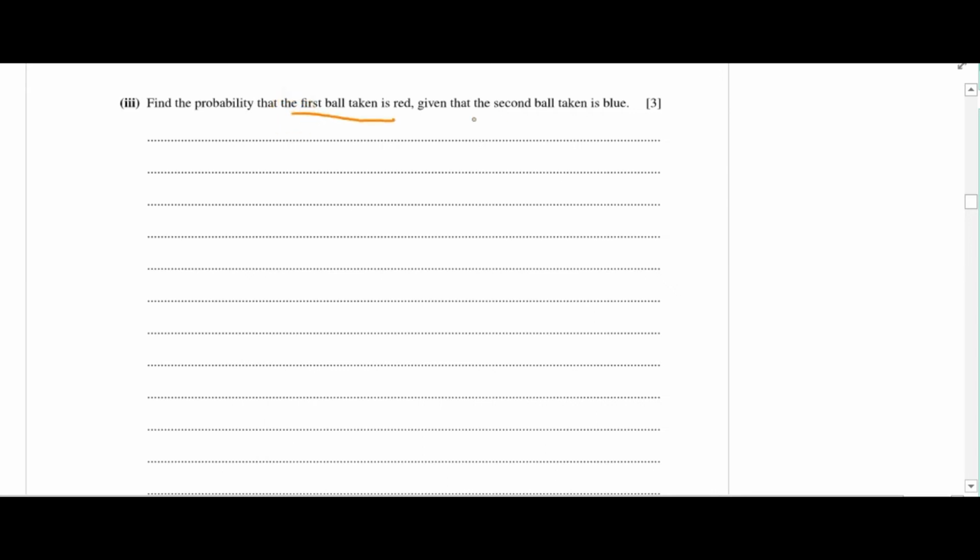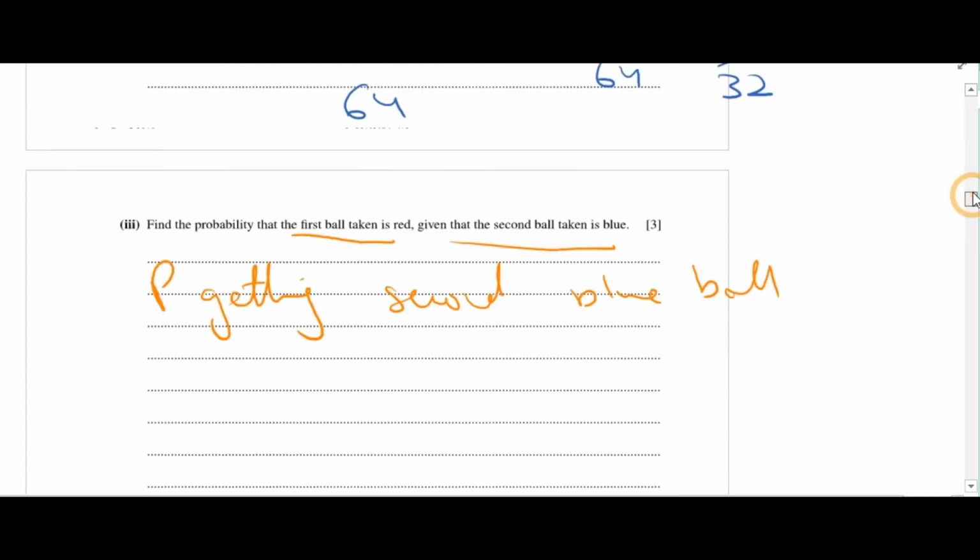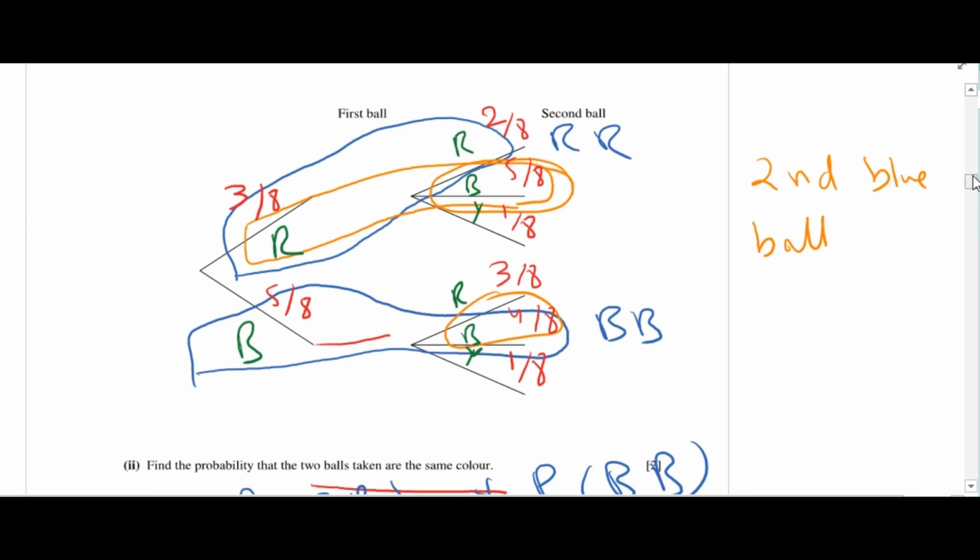In the next question, we have been asked to find the probability of getting the first ball as a red ball and the second ball as a blue ball. First we need to go back to our probability tree and see what the chances are of getting our second ball as a blue ball.